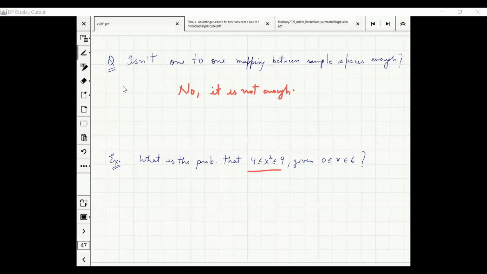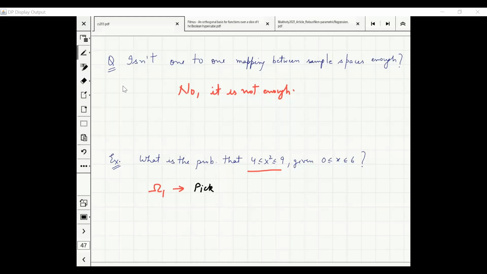It can't be determined. Because, what are the possible sample spaces in this case? We can take x square from 0 to 36 as one possibility, and x from 0 to 6 as another. Very good. Thank you.